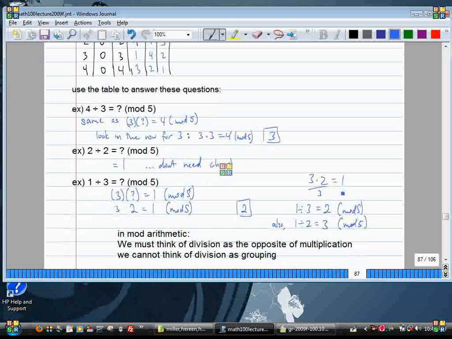I hate to write it like this, but you write it like this. And then the 3's cancel and you get 2 equals 1 over 3, but really we should think of it as 1 divided by 3. Does that make sense? And similarly, we could also divide by what number on both sides?